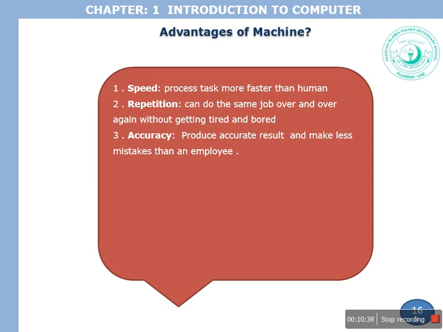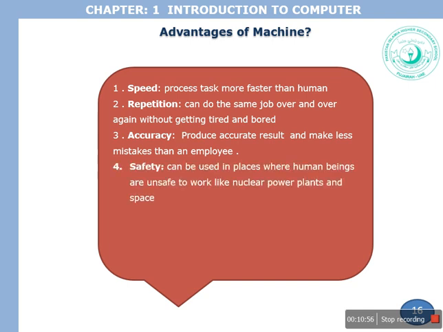But if I assign a task to multiply 2000.33 with 3000 point something, I think you will not solve it accurately, and if you do, it will take time. So machines provide accuracy.